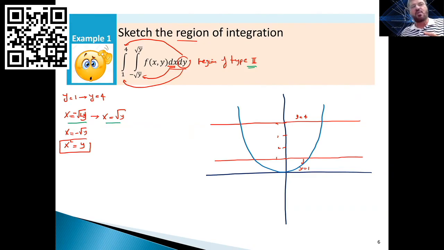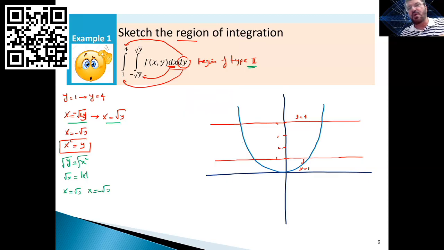By the way, if y is equal x squared, if I want to go back, what does that mean? Take the square root of both sides. So y equal x squared. Now, take the square root of this and take the square root of that. What's the square root of x squared? It's the absolute value of x equal to what? Square root of y. What does that mean? That means x is equal root y and x is equal what?